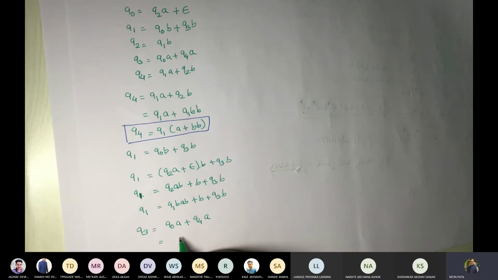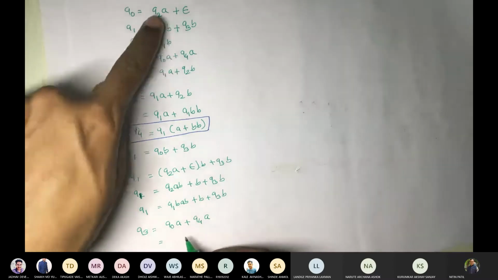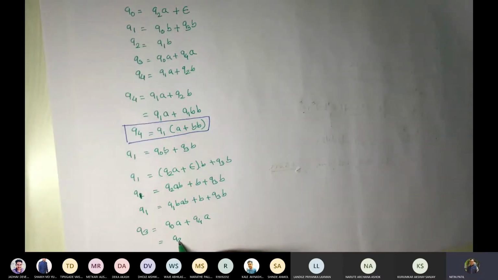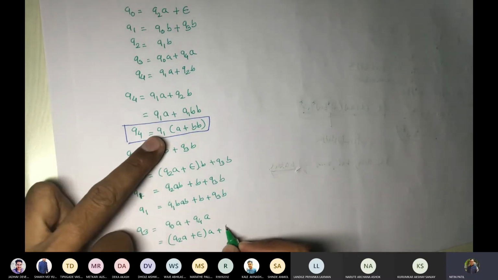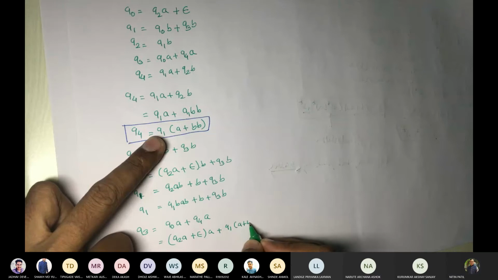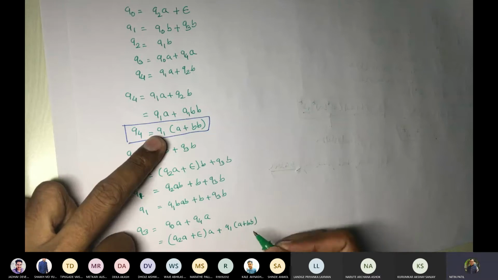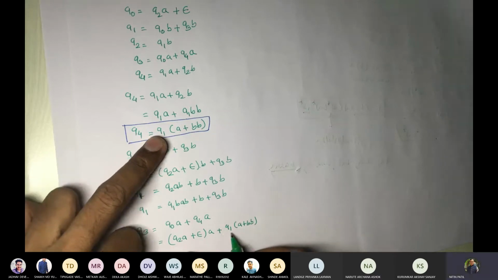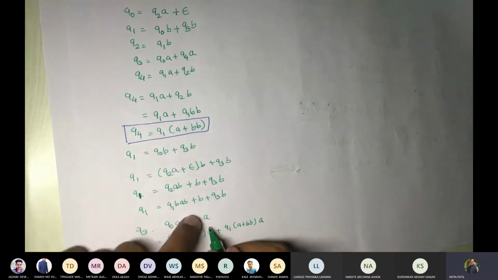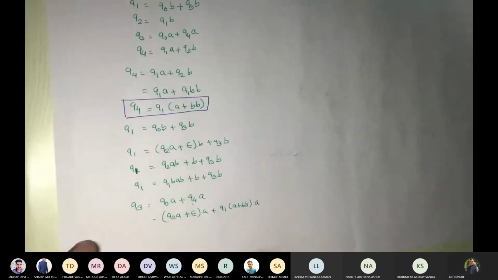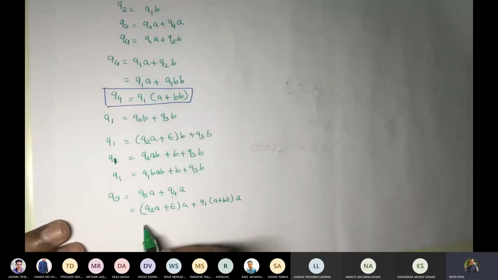What is Q0A? Q0 is Q2A plus epsilon, then this A, plus what is Q4? Q4 is Q1 A plus BB. Correct? And then this A, because we are putting this value of Q4 here. Now we got this. Now next thing is what?